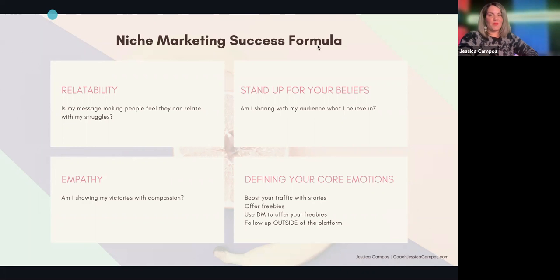So please take a picture of this one. This is a brand new formula that I'm teaching you today, okay? There are four things that you need in order to claim your success formula with niche marketing: relatability, empathy, standing up for what you believe, and defining your core emotions. The last one is the most important one, guys.